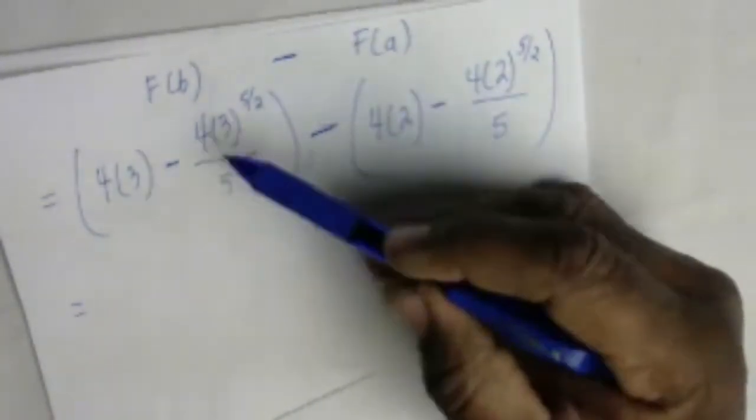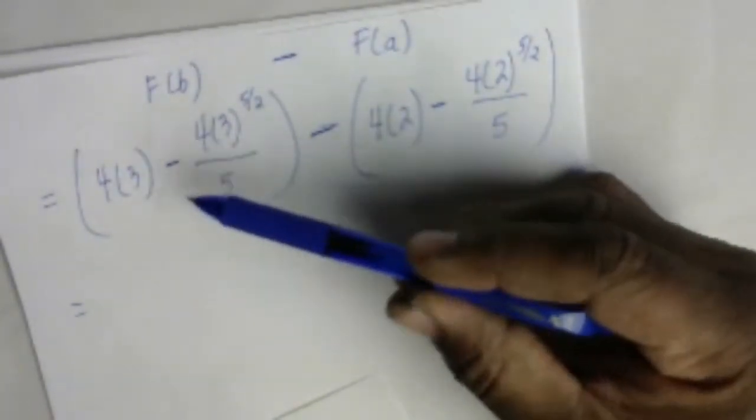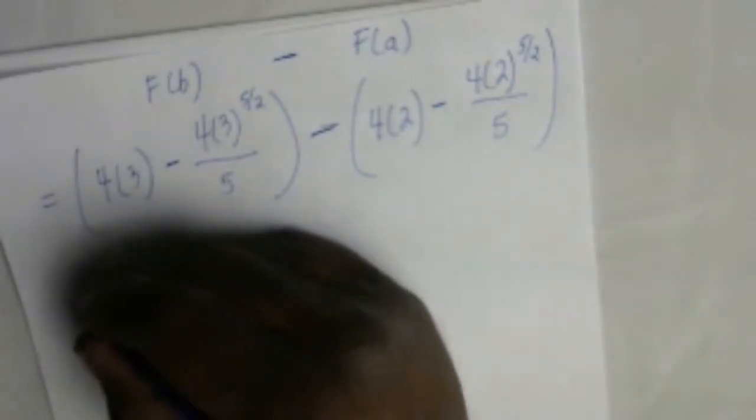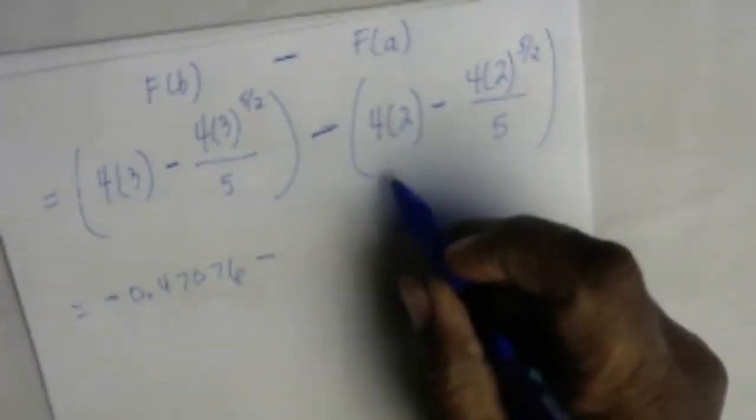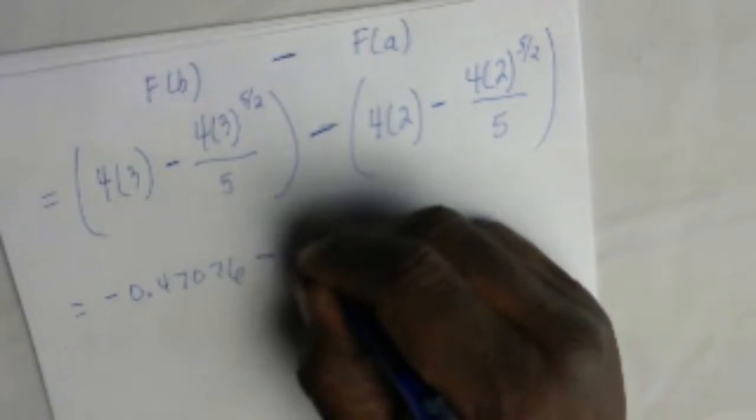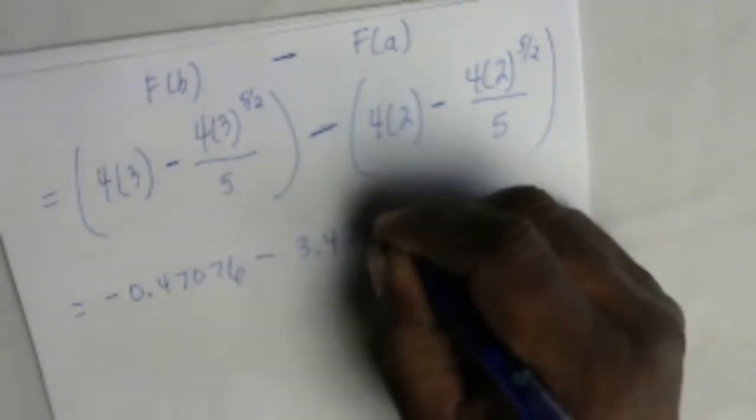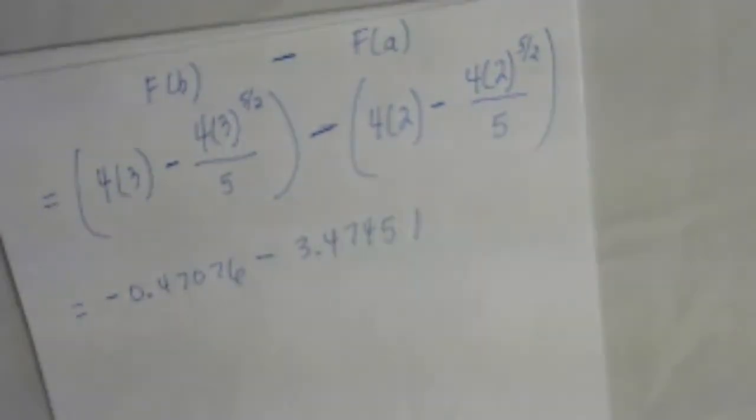So I believe when all the dust settles on this for this first term, I got negative 0.47076, minus, for the second term, I calculated and I got 3.4741.